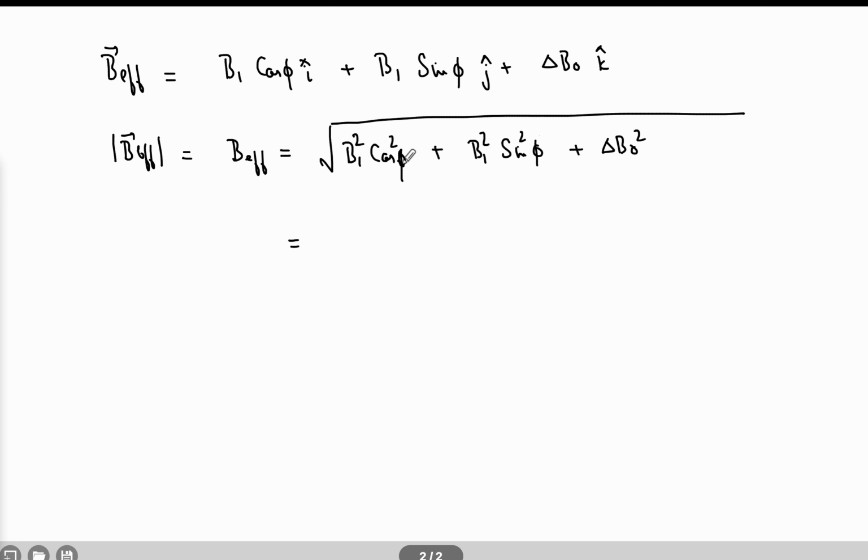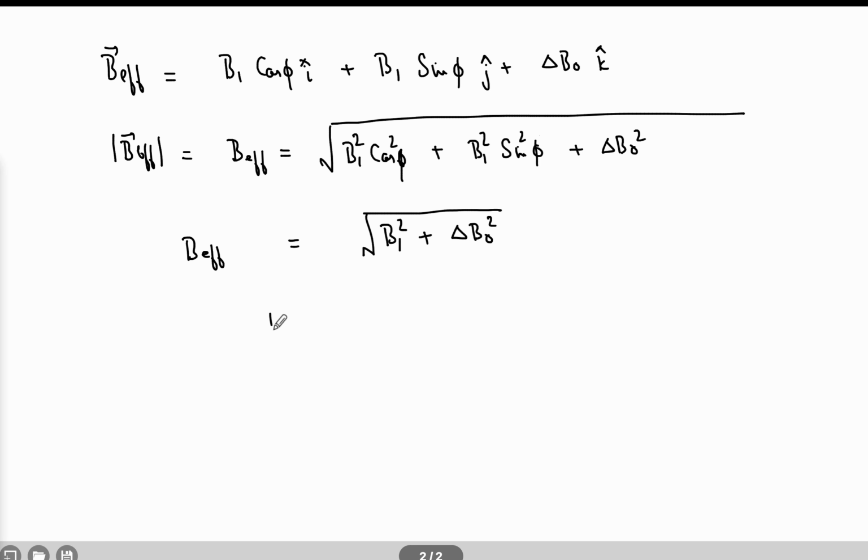So this is nothing but cos squared phi plus sin squared phi, which will be 1. So you will be left with B1 squared plus delta B naught squared. This is your B effective.